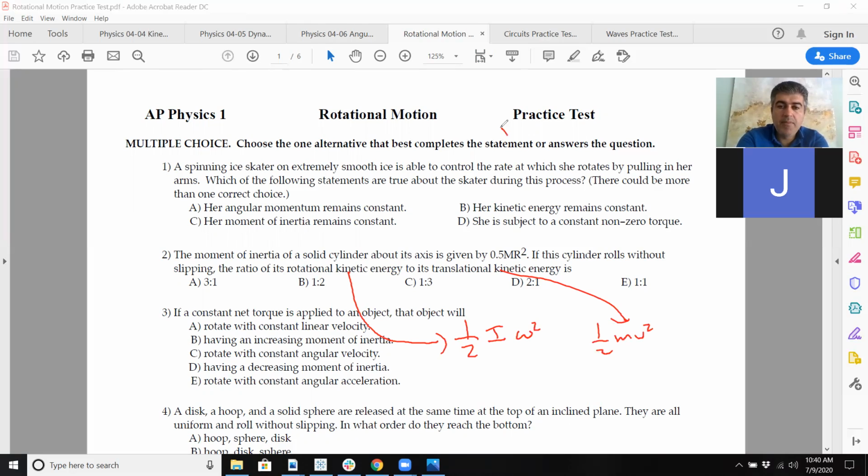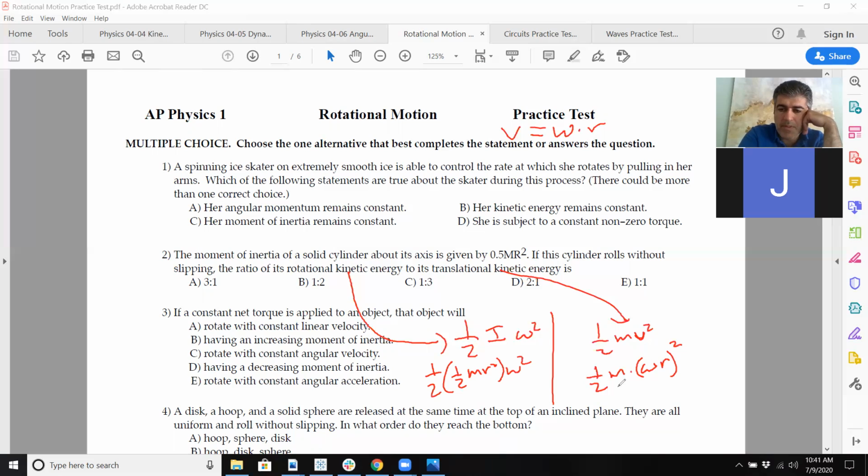Now remember, v is omega times r, so we can do a substitution. And I, remember, is 1/2 mr squared. So 1/2, and I is another 1/2 m r squared omega squared.